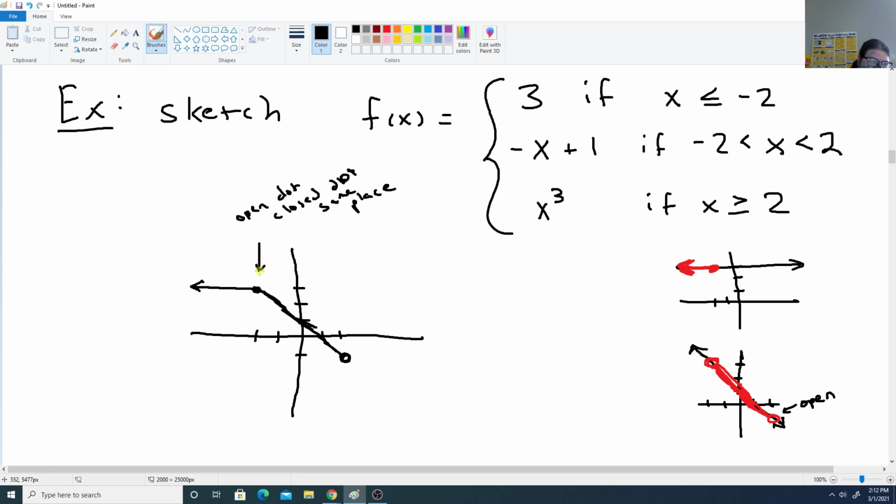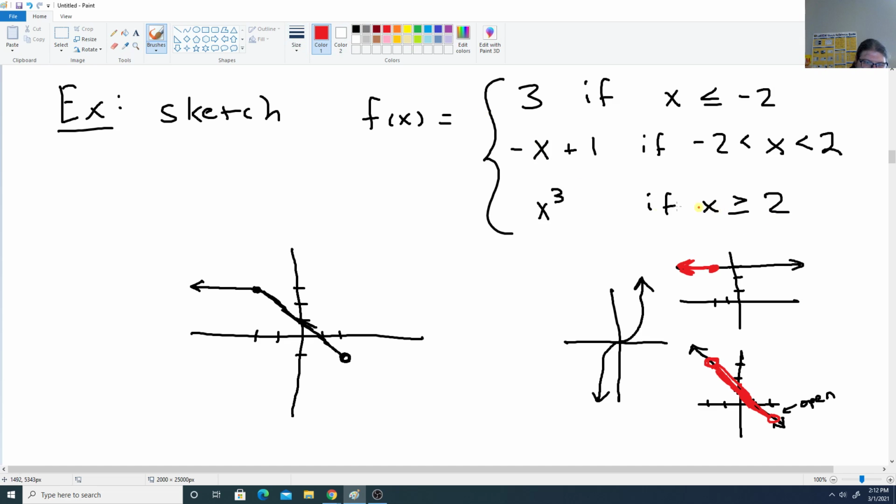And when that happens, the closed dot fills in the open dot. So let me erase that little bit there, but that's what's going on there. So the last one, we got x cubed's graph. I'll draw it kind of right here. X cubed's graph looks like this.